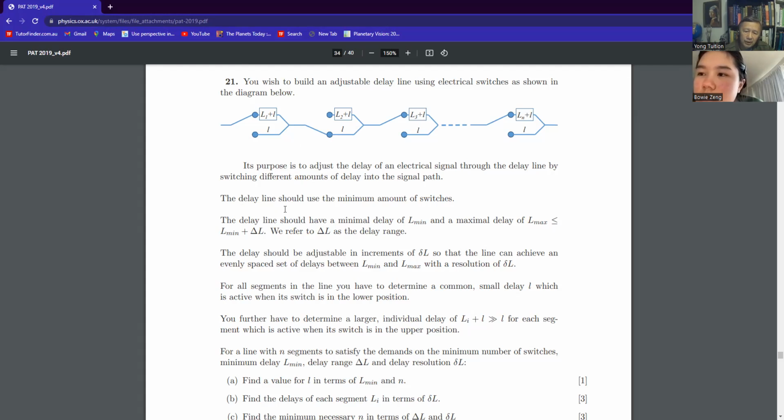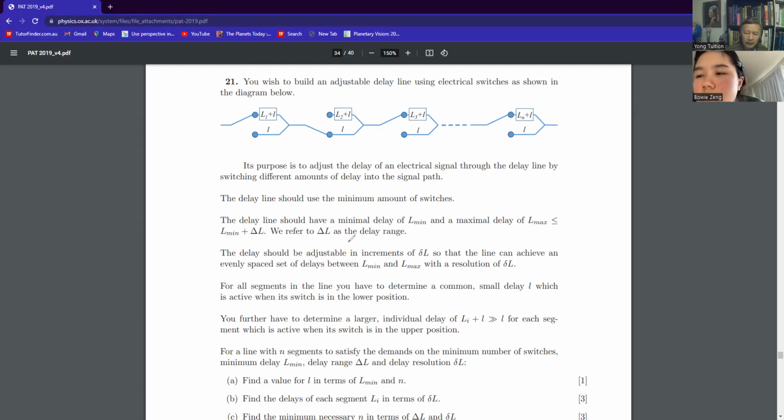The delay line should use the minimum number of switches. They are talking about the minimum number of switches, meaning how many switches they use, which is reflected by the subscript of L. Let's annotate that. The delay line should make the minimum delay and the maximum delay satisfy this condition.